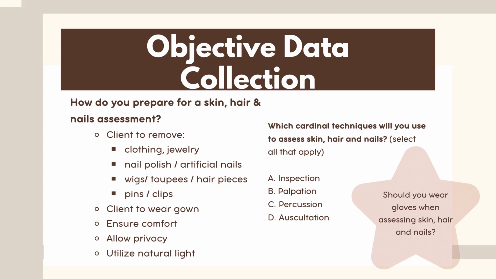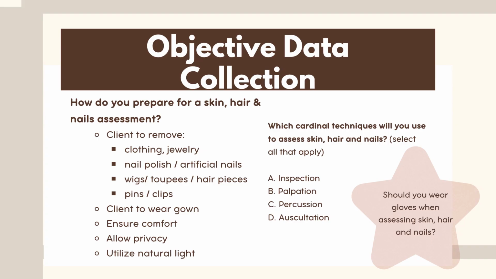So a question here is, what cardinal techniques will you use to assess skin, hair, and nails? Select all that apply. You can pause this now, and then unpause it when you have your options. The correct answer is inspection, which is A, and B, palpation. During a skin, hair, nail assessment, we will just be inspecting and palpating. No percussion or auscultation will be utilized.